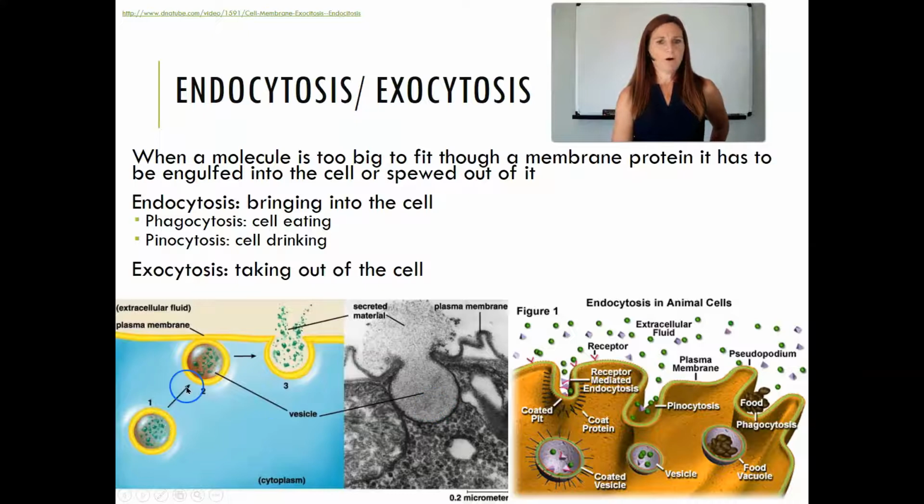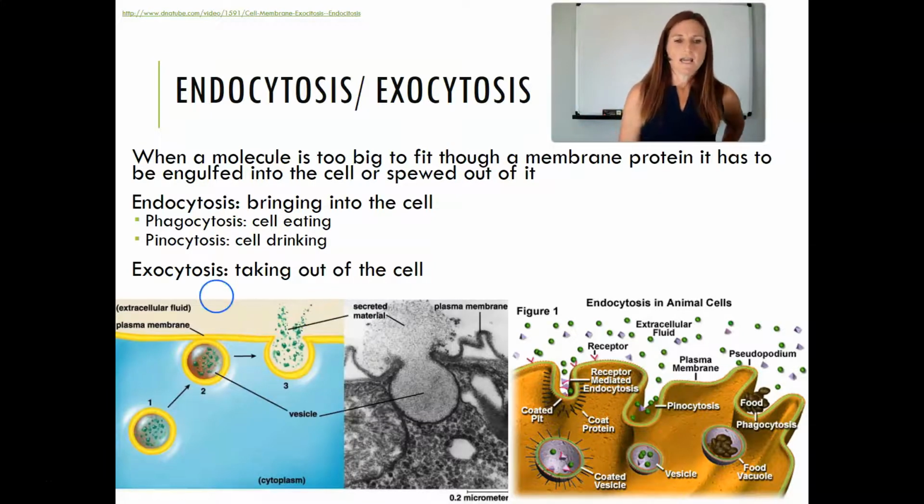In both of these pictures, we see this vesicle that's coming up to the edge of the plasma membrane. And because the plasma membrane is all made of the same stuff, when they touch, they merge. Think of slime or silly putty or Play-Doh. As you bring them together and they touch, they're going to merge into one continuous piece.